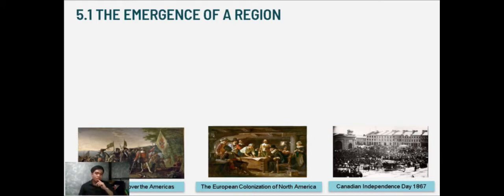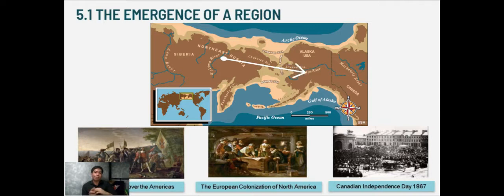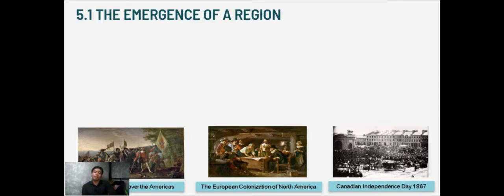Although Christopher Columbus is often credited with the discovery, indigenous people inhabited the landmass long before European contact. Early migrants to the Americas most likely traveled from Asia through the Beringia land bridge that once connected Siberia and Alaska over 10,000 years ago.